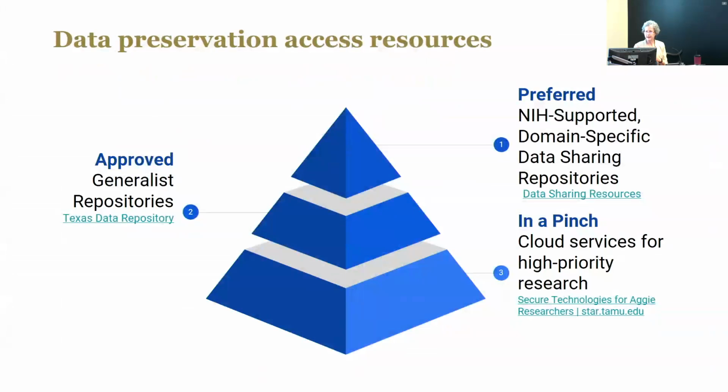And the main one I'm going to look at here, NIH has some of their own repositories that they're encouraging people to use for NIH funded data. There are also generalist repositories that have met their criteria. Those are probably your top two right there.